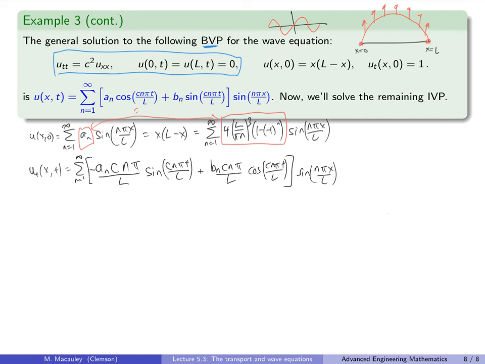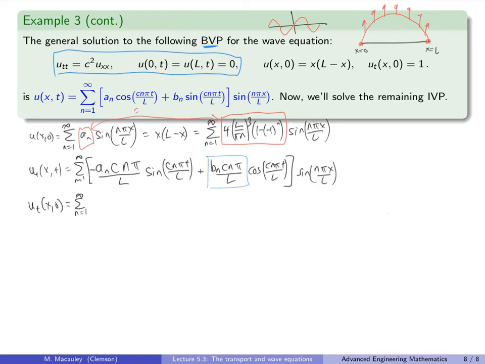Okay, now let's plug in 0. So u_t of x and 0, it gets easier, trust me. So you plug in from n equals 1 to infinity, what happens? The sine term goes away. The cosine term becomes 1, and we just get this term here. So we get this thing times sine.